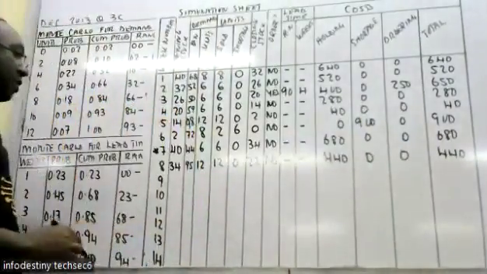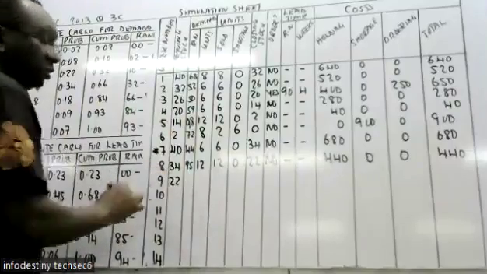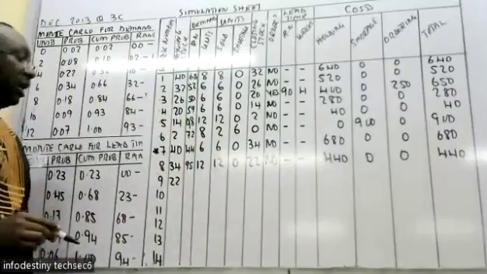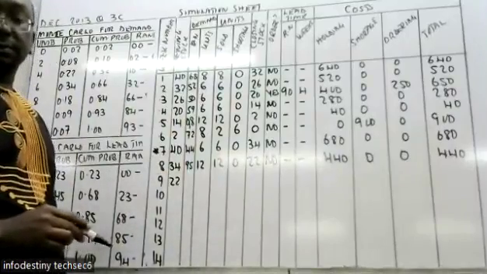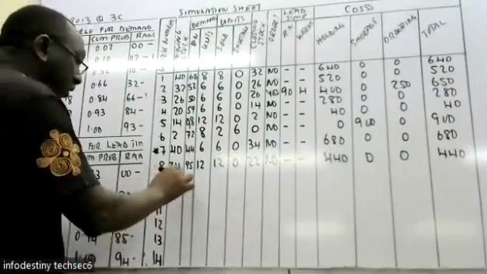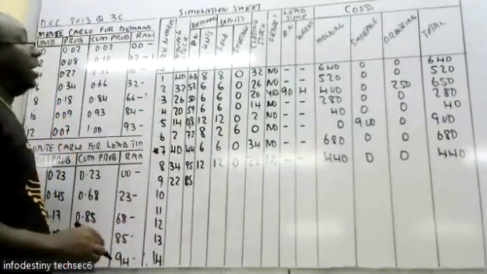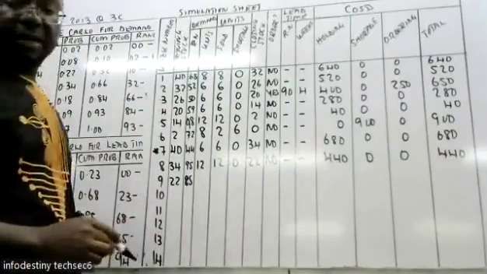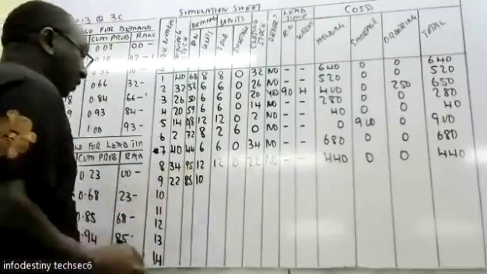Haya, twende hapa kwa week 9. Week 9 we are opening with 22. Random number 85. Good. So how many units come from 85? 10 units.